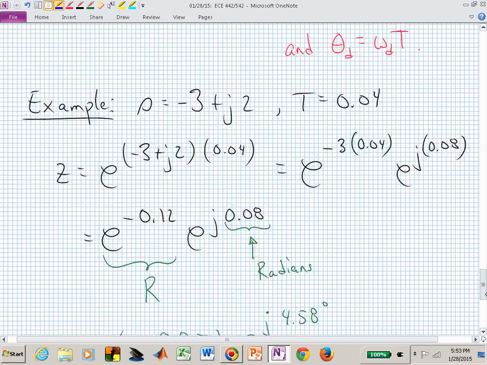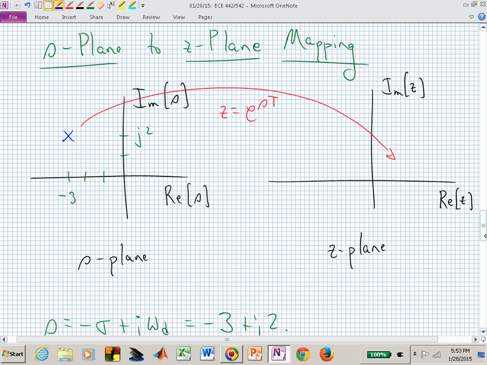How we went from the s-plane over to this point in the z-plane, a radial distance of 0.9 roughly at an angle of 4.5 degrees. All we needed to know was this sampling period, capital T, and where we started in the s-plane, and we can do the math. It's just some complex numbers to get us to that particular point.